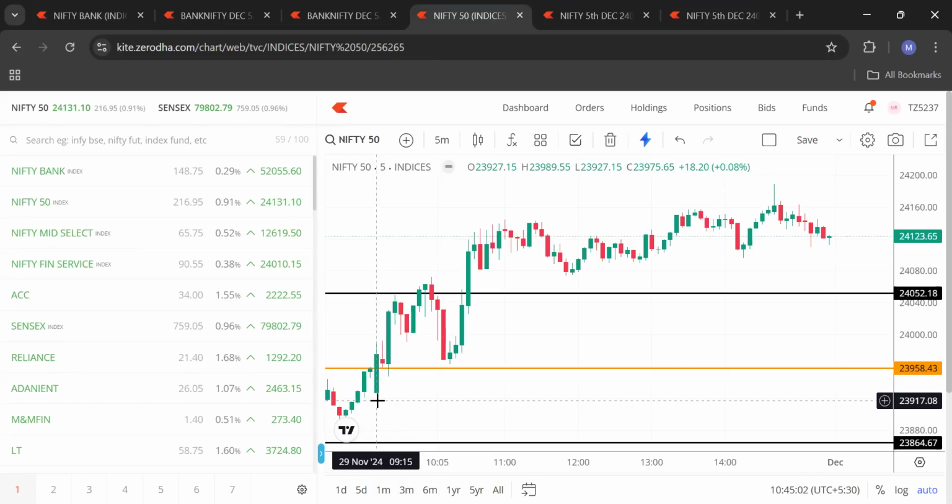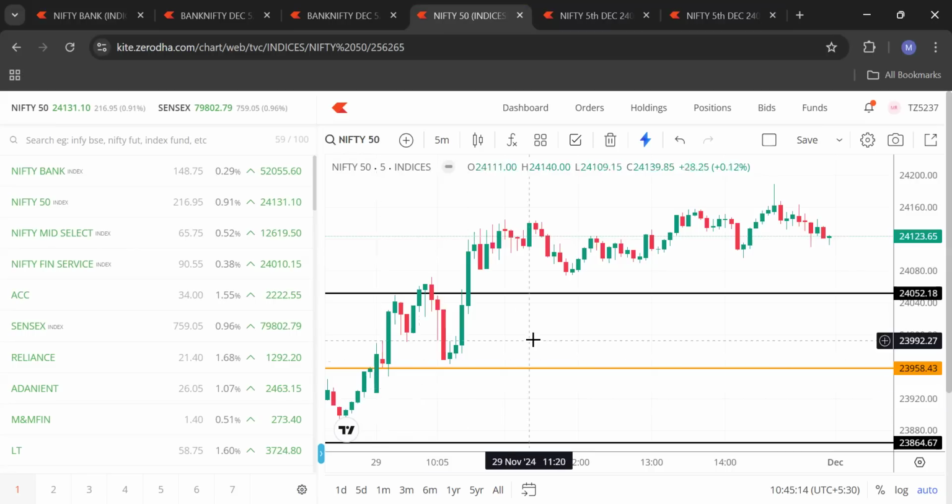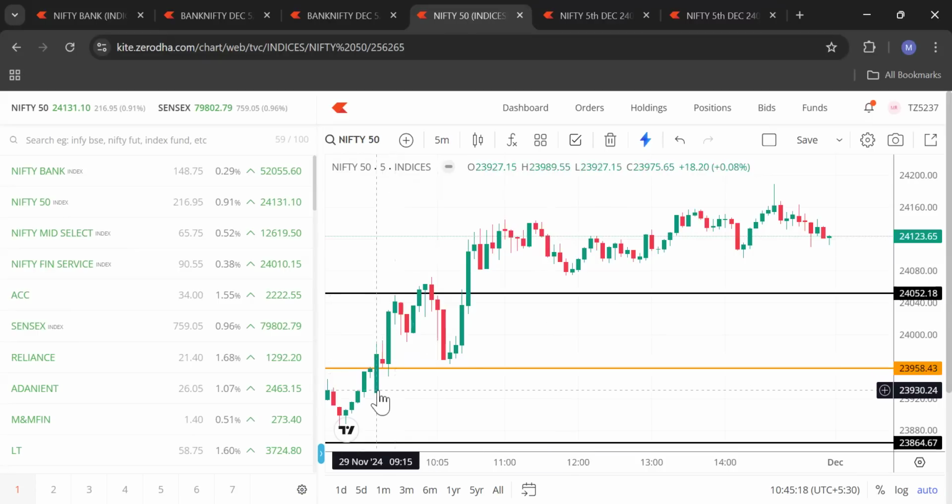So first, this particular first 5-minute candle high 23989.55 plus 0.2611, that amounts to 24052.18. I have already drawn a line. The black line indicates first 5-minute candle high plus 0.2611. The lower black line indicates first 5-minute candle low minus 0.2611.